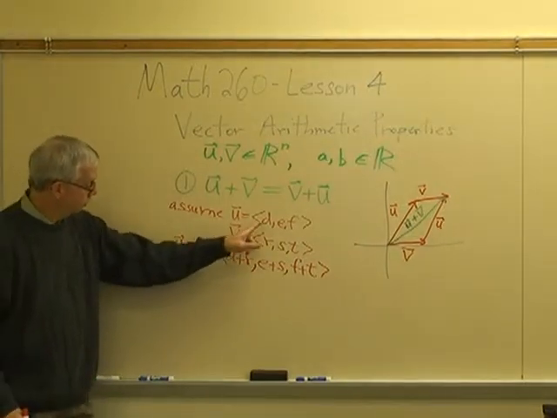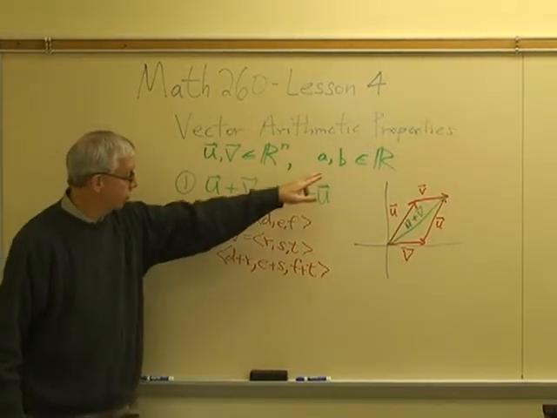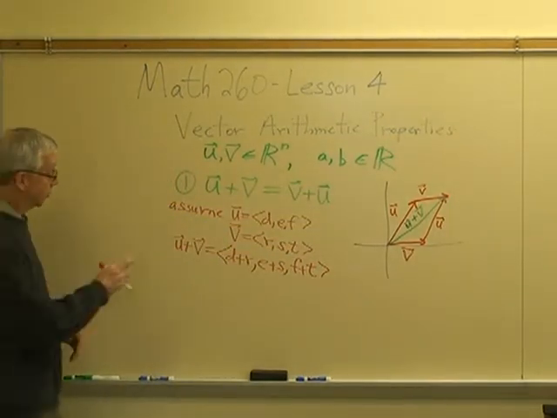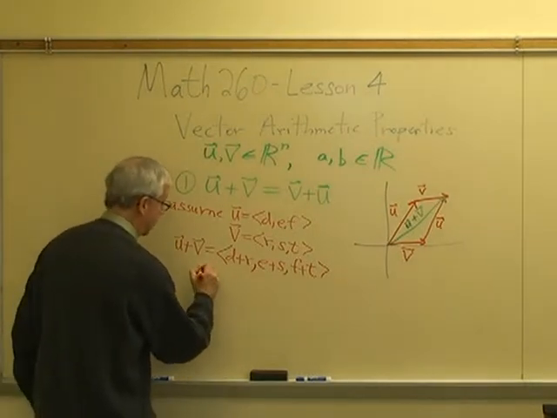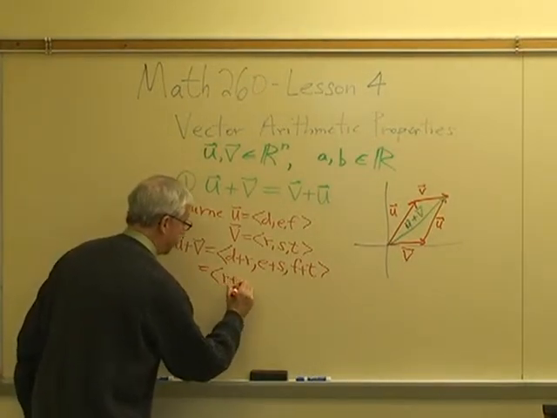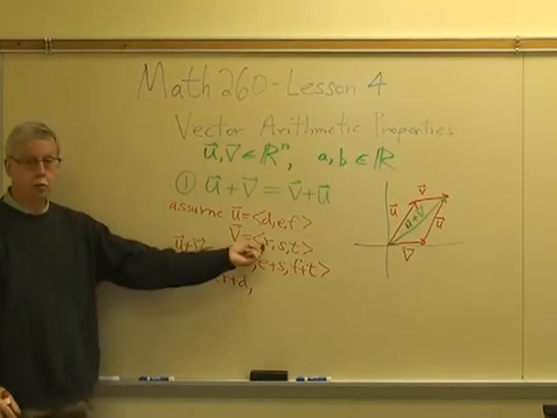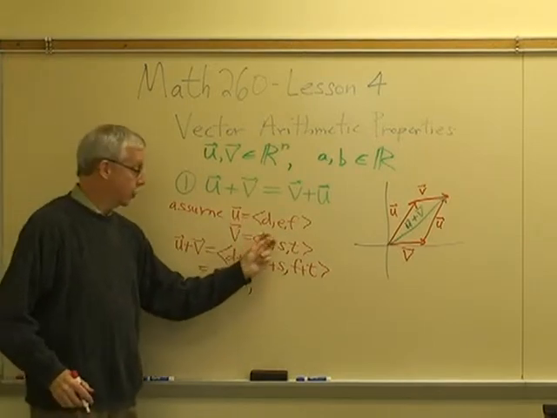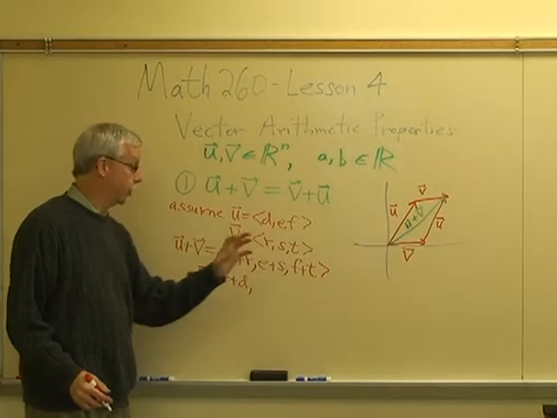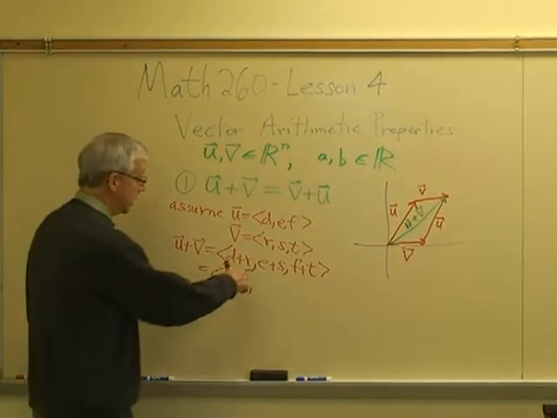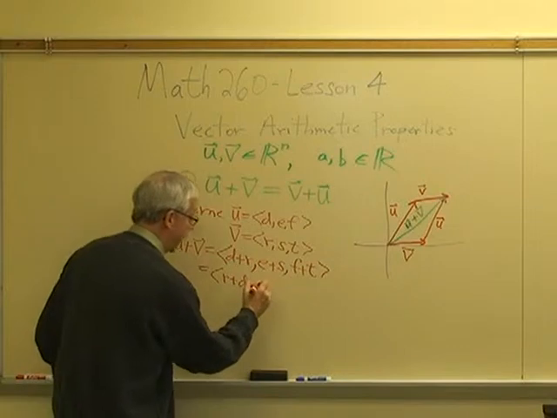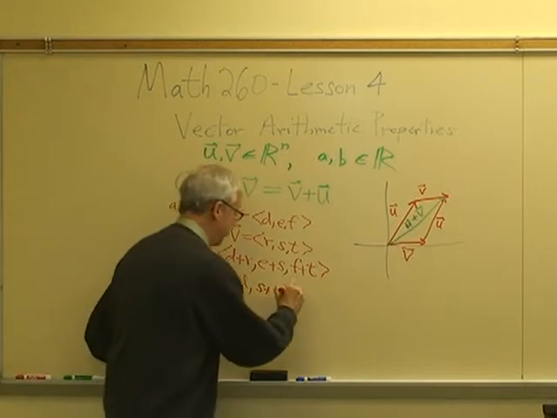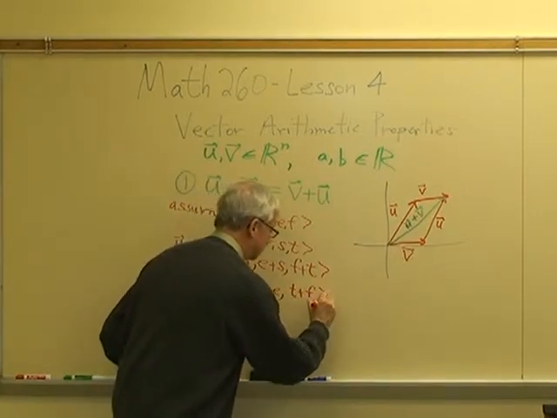But what are these symbols, d, e, f, r, s, t? They're just regular old real numbers, the numbers we've been adding, subtracting, multiplying, and dividing for years. So d plus r is the same thing as r plus d. Why? Because real number addition is commutative. It doesn't matter whether I add 5 and 3 or 3 and 5, or 5.6 and 2.1 and 2.1 and 5.6. Real number addition we know commutes. The same is true with the second element: e plus s is the same thing as s plus e. And f plus t is the same thing as t plus f.